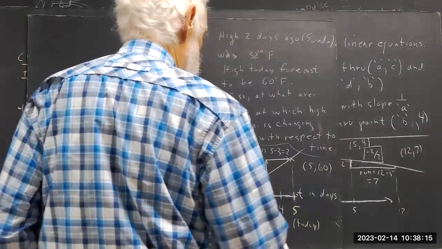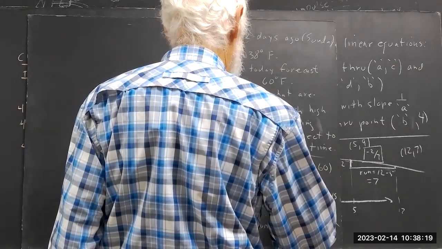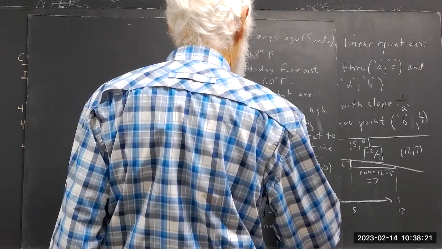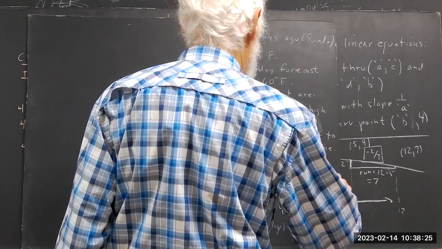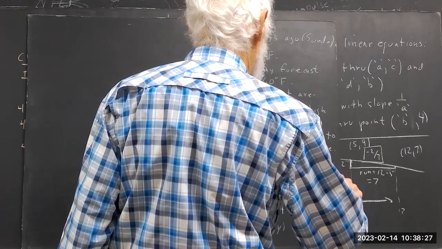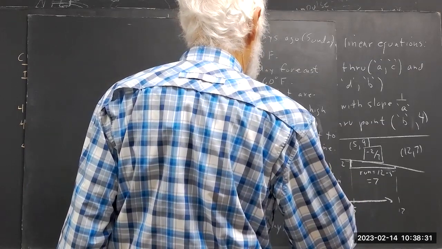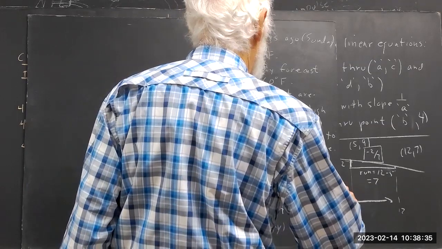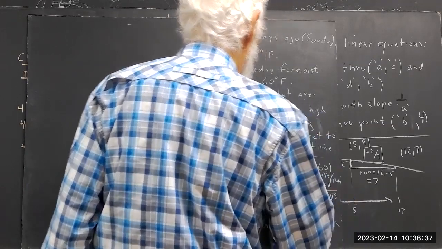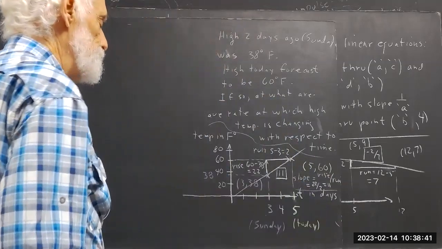Okay. And then the slope is rise over run, which is 22 over 2, which is 11. So I put 11 here. Put a little box around it.